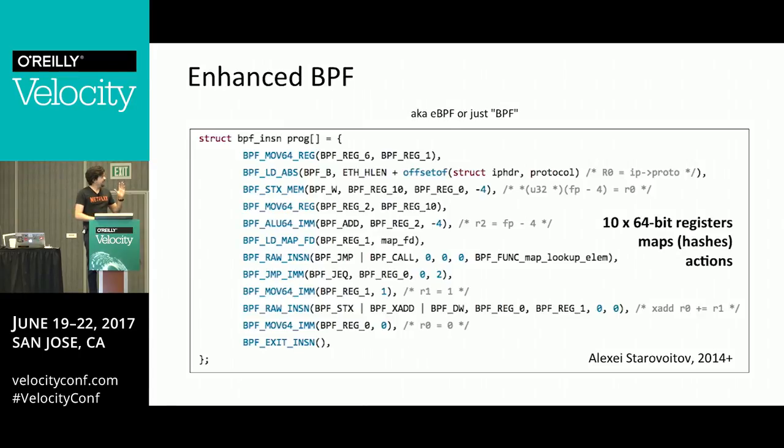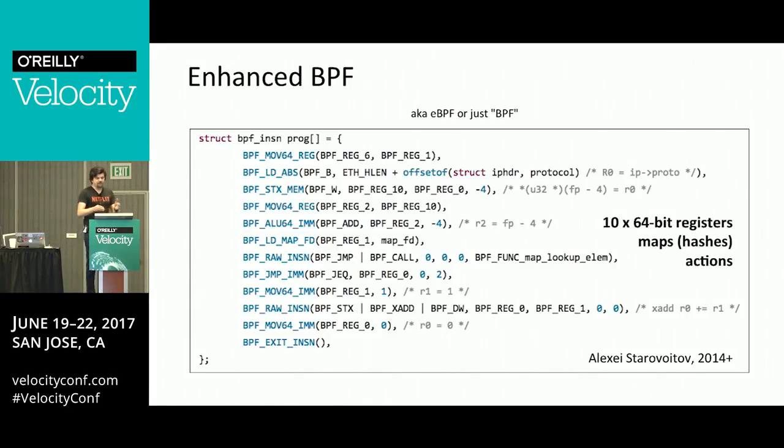eBPF enhances that virtual machine. And this was developed by Alexei Starovoitov and others. The initial use case for eBPF was, instead of just filtering packets, which is what tcpdump does, what if we could programmatically redirect packets? If we could create an in-kernel software-defined network so that we can do NATing, create virtual routing, whatever we need.